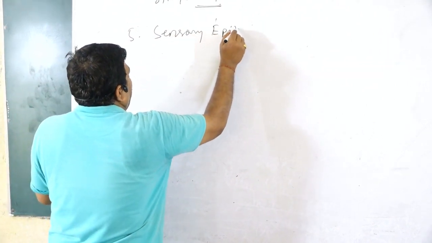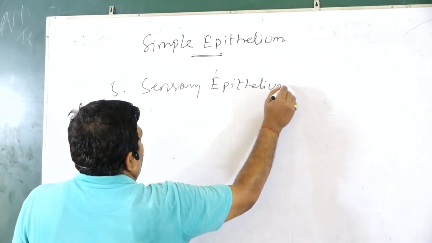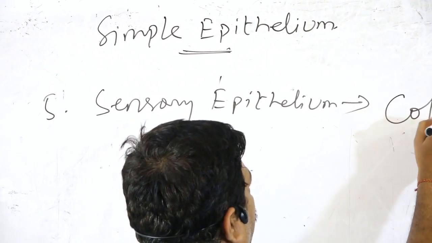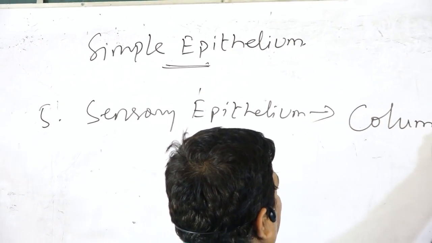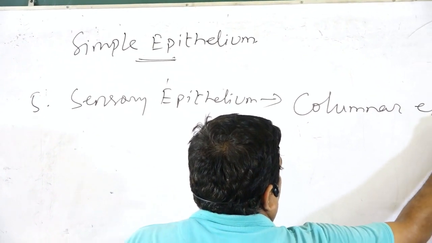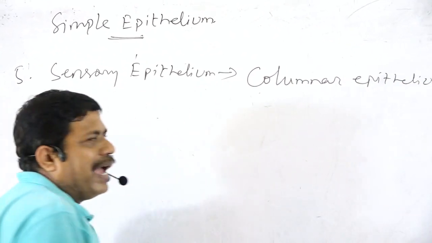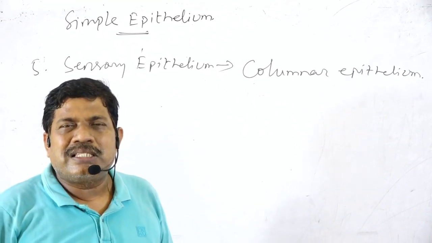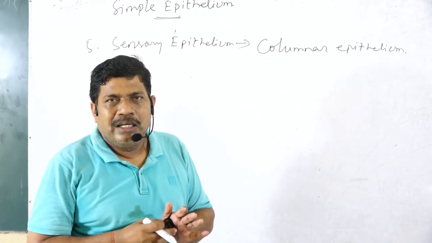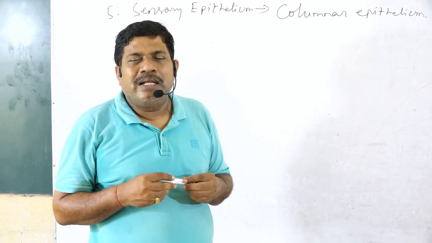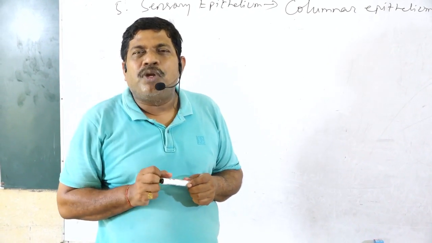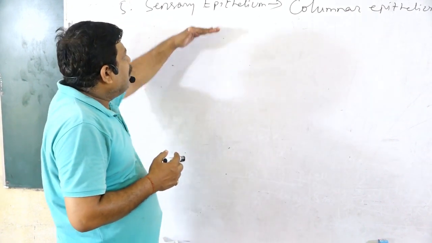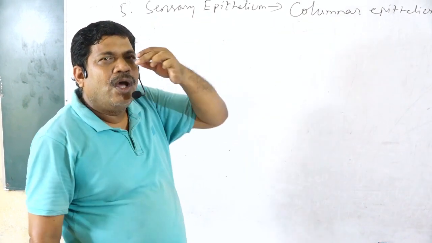Basically, they are columnar epithelium, but present lining the surface of the sense organs, and those sense organs possess various sensory hairs, sensory epithelium, to pick up one stimulus, and like that they are present in various sense organs.